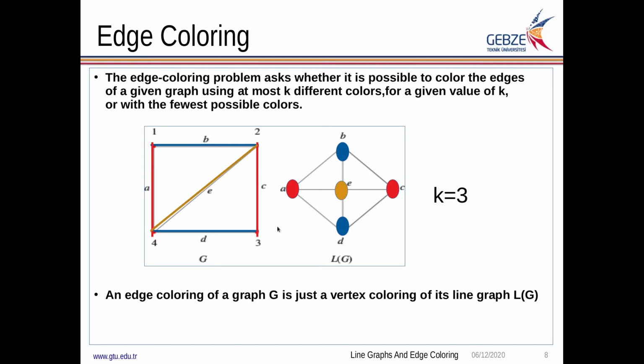This is the graph G, and this is its corresponding line graph L(G). As you can see, for each edge we can have a vertex here. So the edge coloring problem becomes a vertex coloring problem here.